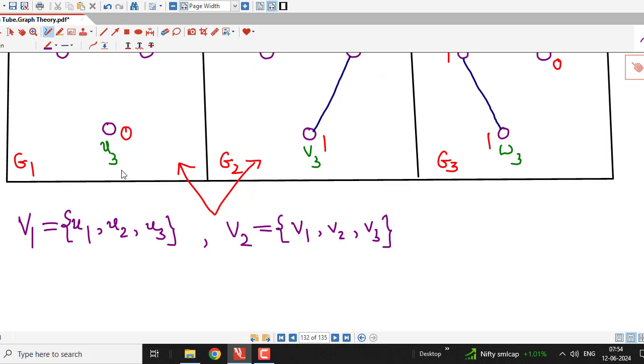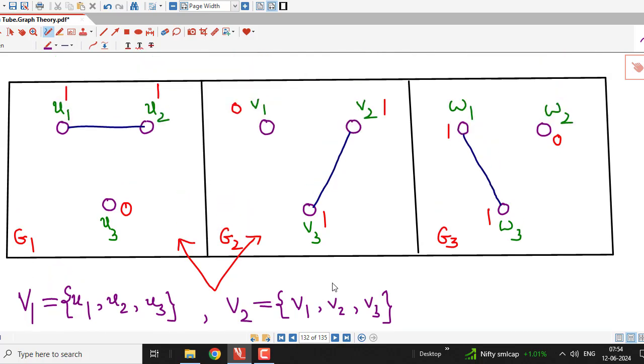To prove that these two graphs are isomorphic, first we have to find a mapping from V1 to V2 which is 1-1 and onto. That is the first requirement. So that is possible here.